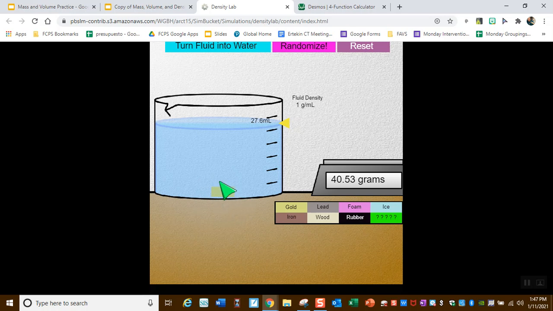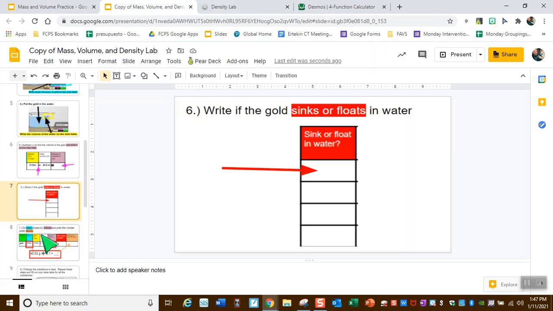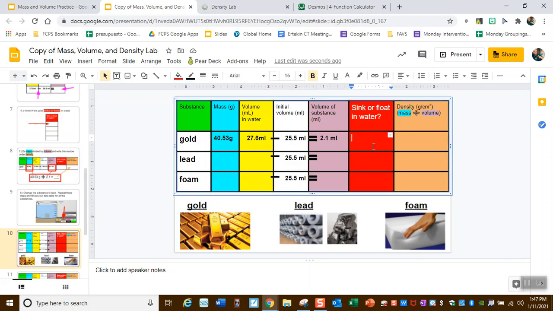So this piece of gold sinks in water. So we are going to write sinks. The piece of gold sinks in water. Make sure you copy this on your data table, okay?